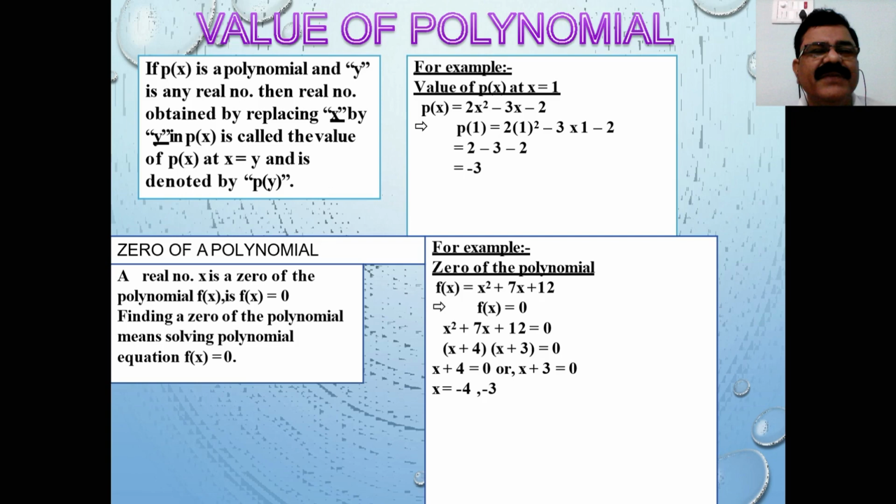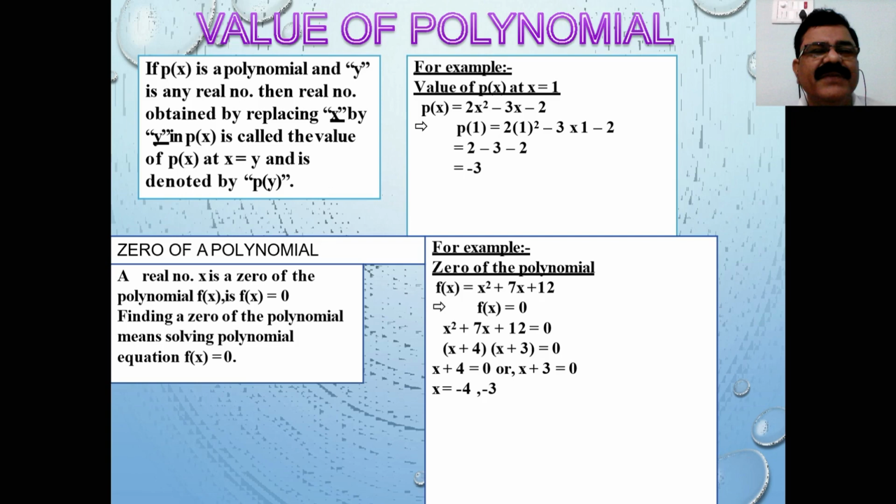For example, if the polynomial given in the question is p(x) = 2x square minus 3x minus 2, then p(1) is 2 into 1 square minus 3 into 1 minus 2, which is 2 minus 3 minus 2, and the final result will be minus 3.